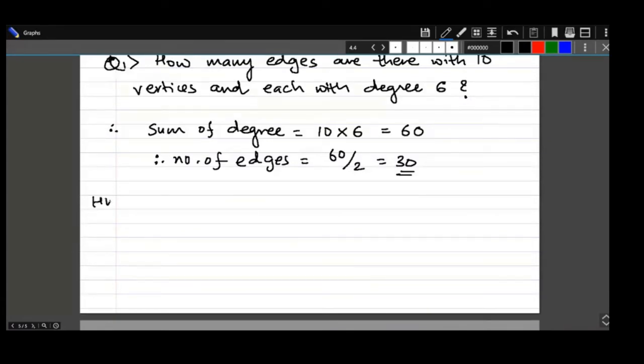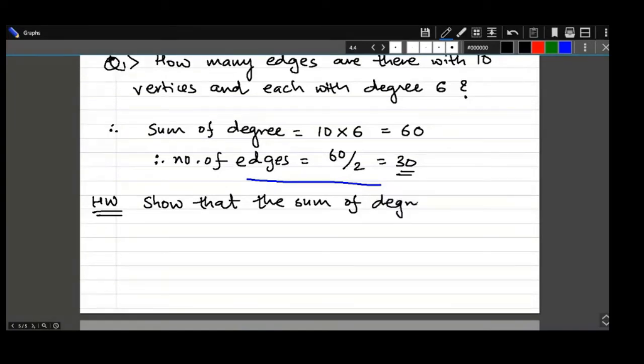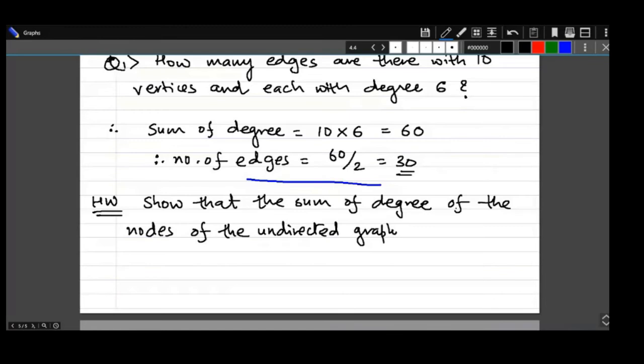Okay, so I will give you one question for your homework. Show that the sum of the degrees of the nodes of an undirected graph is even.